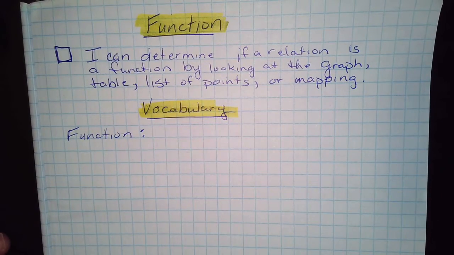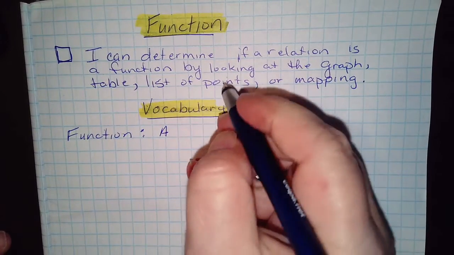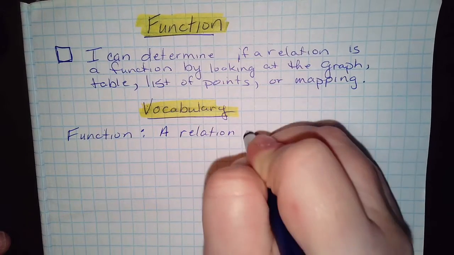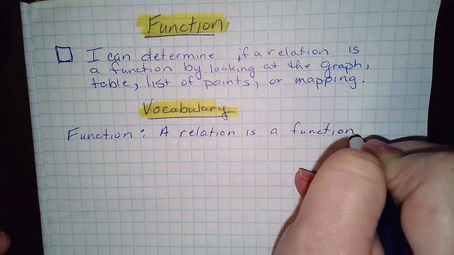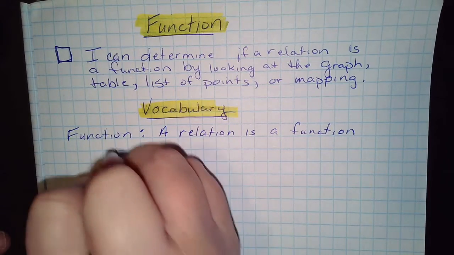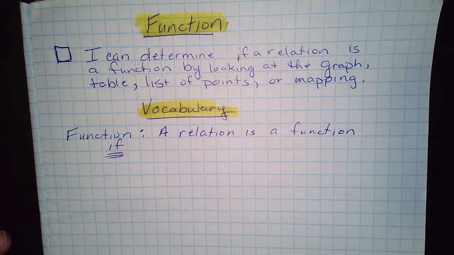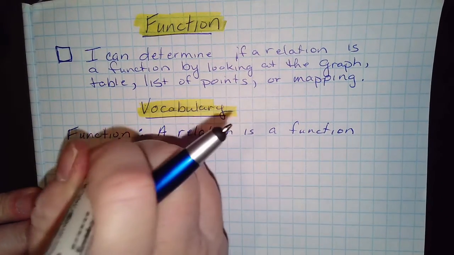So I've got that word written there. Now, my definition, a relation is a function if, and I want to underline that if, and I'm going to highlight it also because the if is very, very important.